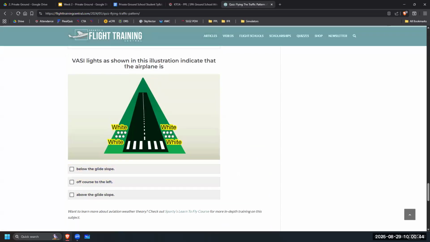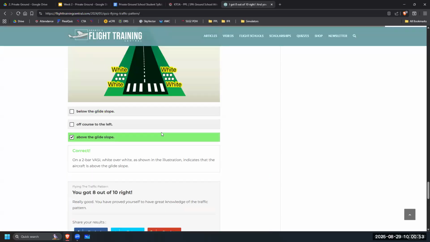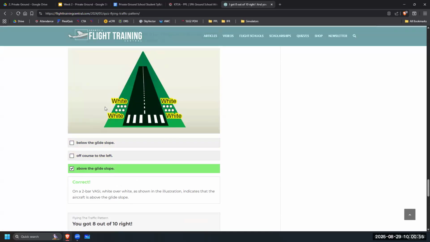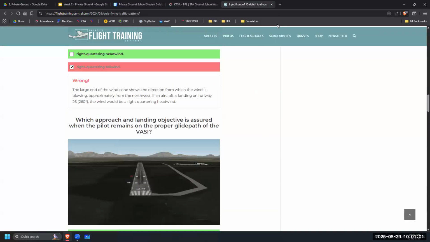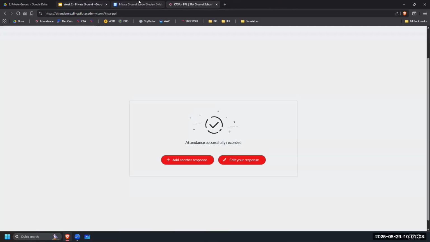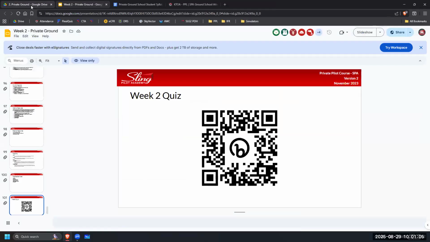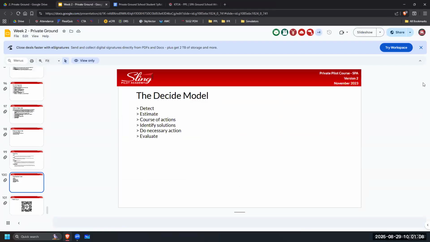VASI lights shown in the picture indicate that the airplane is above the glide slope. 2 whites is too high and 2 reds is too low. Okay, good. I think this clarified some things that we needed to make sure we know before the quiz.